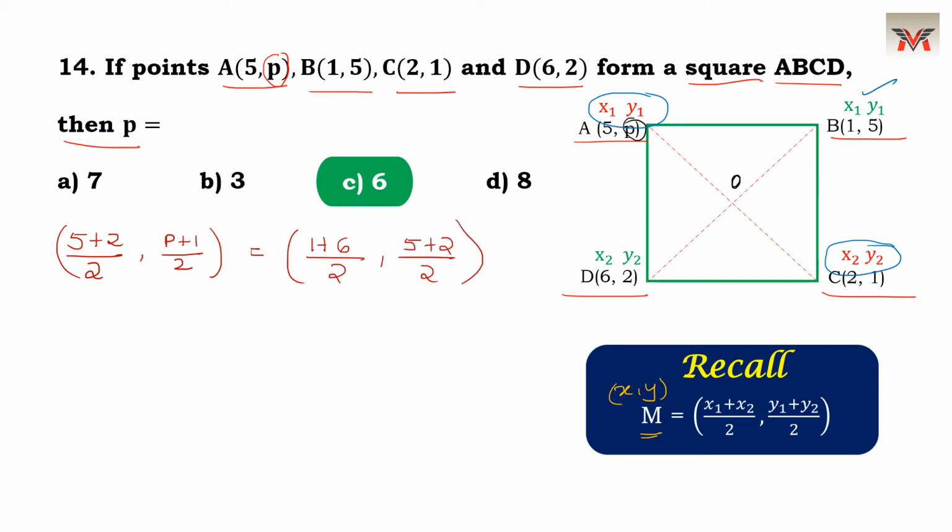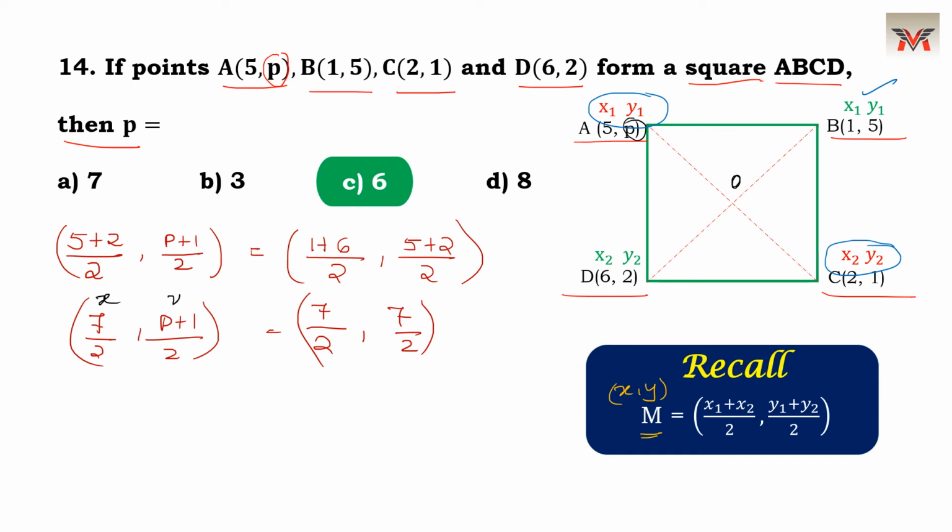So we get (7 by 2, (p plus 1) by 2) as well as (7 by 2, 7 by 2).